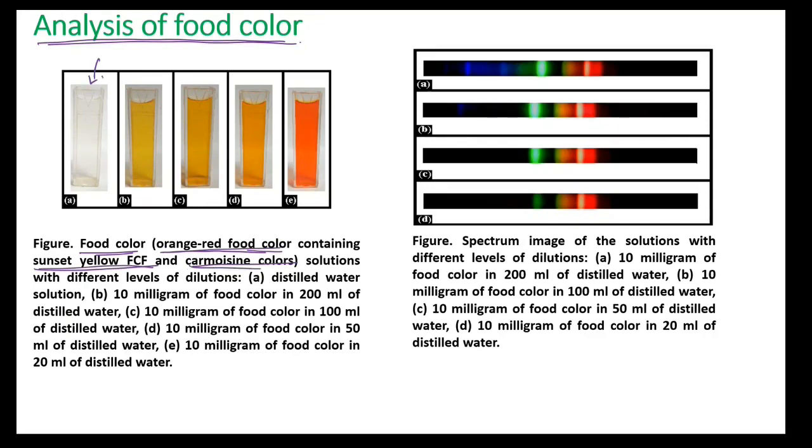So the first one is the normal water, because you have dissolved the food color in water. So it is the normal water, and then we have this food color dissolved in water in higher concentrations. As we move from B to E, there is an increase in the concentration.